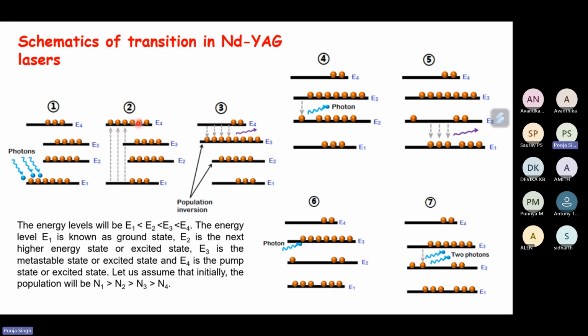So here you will now have six electrons. Then it comes down to the E3 state, all four electrons. So now it has a population inversion. On the excited state, you have more electrons as compared to the lower states, that is E2 and E1. So now one electron undergoes another de-excitation to the E2 state and emits a photon.